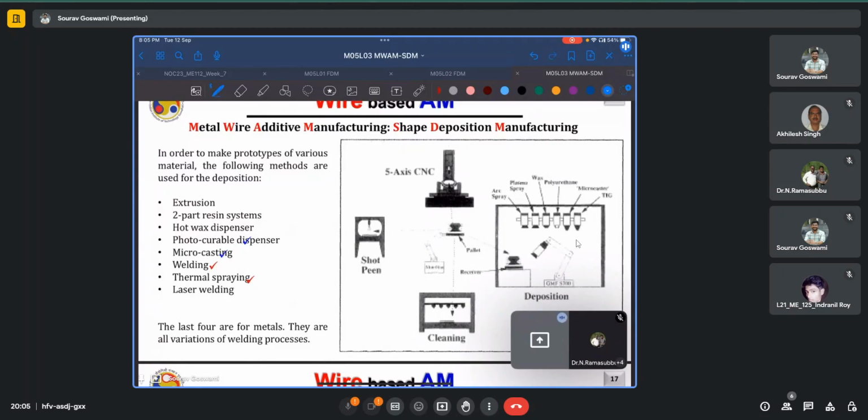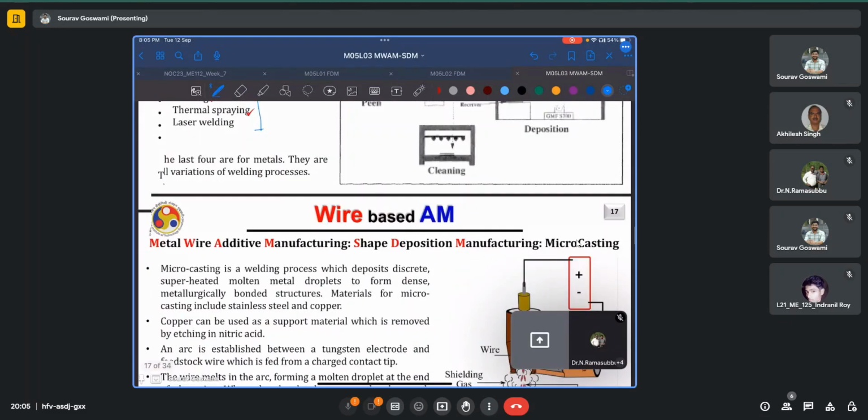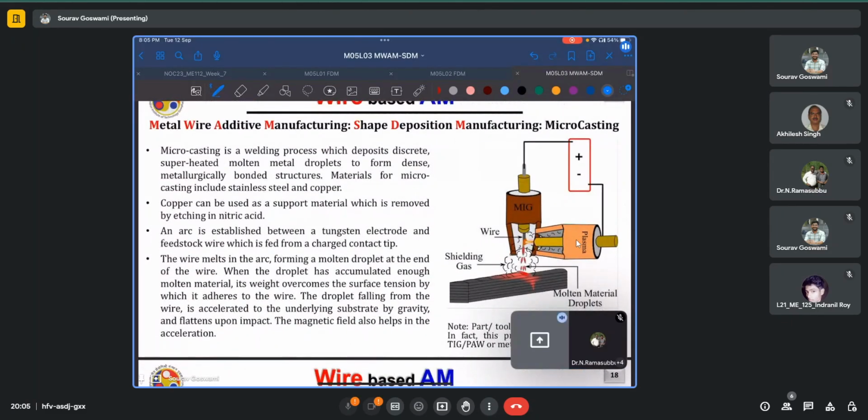And mostly the microcasting, welding, thermal spraying, and laser welding are relevant to metals. And this microcrusting process is actually a hybridization of the MIG and the TIG based processes. So somewhere in between, neither is it a fully MIG like process nor is it fully TIG like process.